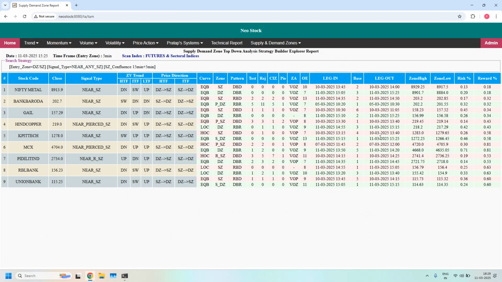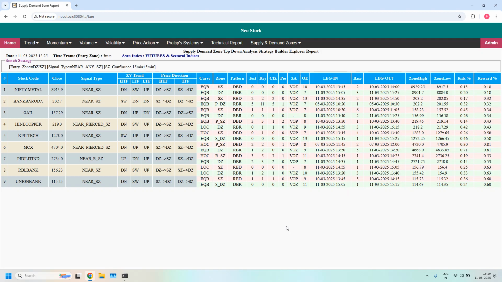So with this filter, we got 9 stocks. And out of these, a few are PR supply zones. This one is also, this one is also. You can't use those PR supply zone stocks. Okay, this is about 5 minutes time frame. With this, we have completed stocks near demand and supply zones.